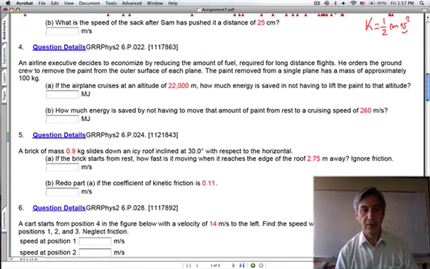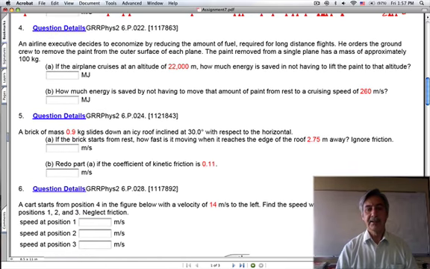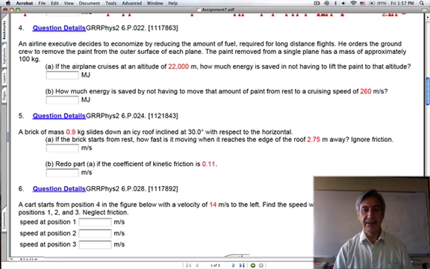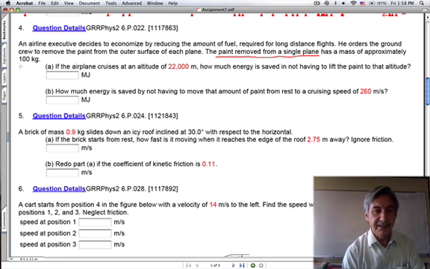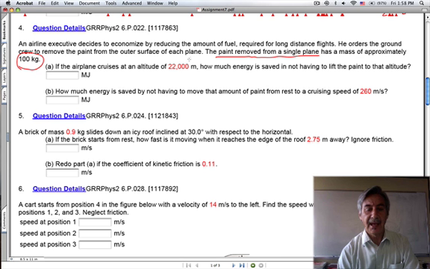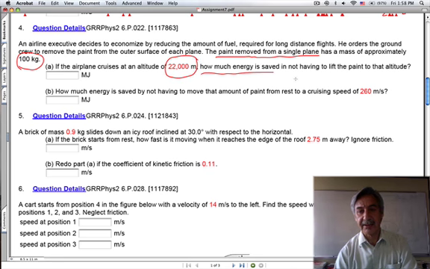In number 4, this is a way in which you can save energy. For example, if you remove paint from a plane, so you remove a layer of paint, and since the mass of this paint is given, certainly the energy that you save is the potential energy that this mass will have at that height, and that will be mgh.